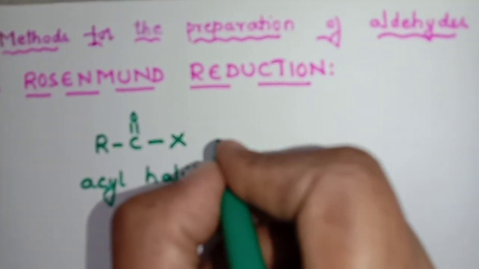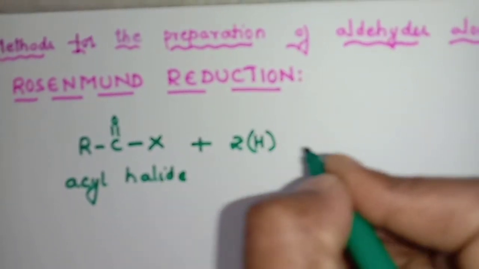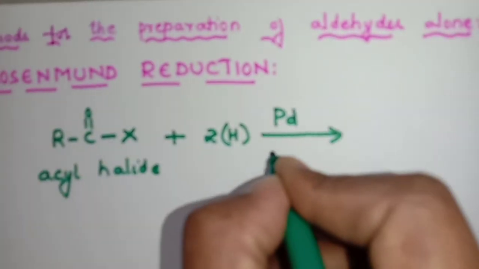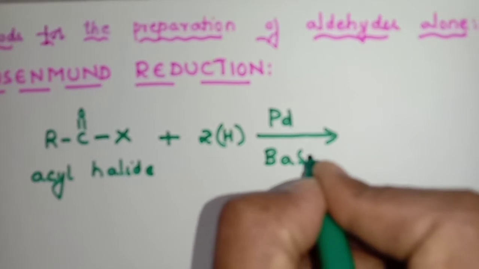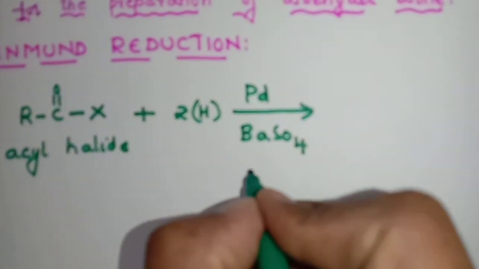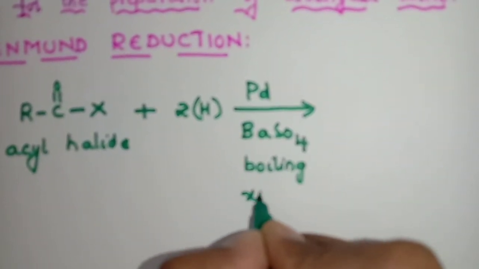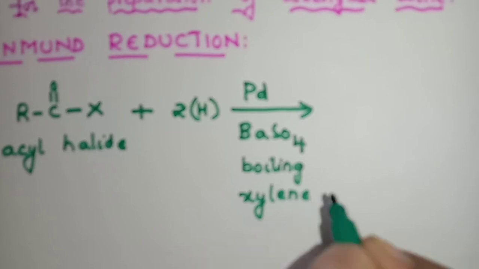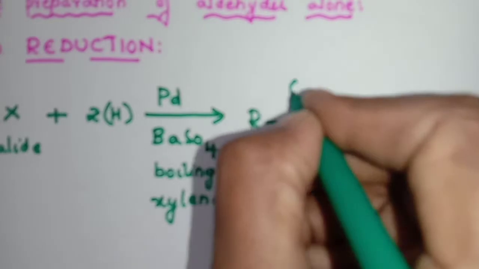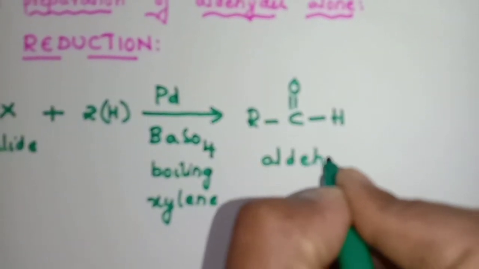When this acyl halide reacts with hydrogen in the presence of palladium catalyst supported on barium sulfate in boiling xylene, that means hot xylene, then we get aldehydes, R C double bond O H. So this is an aldehyde.